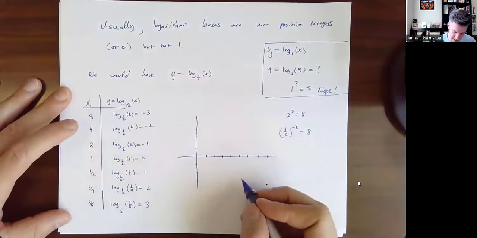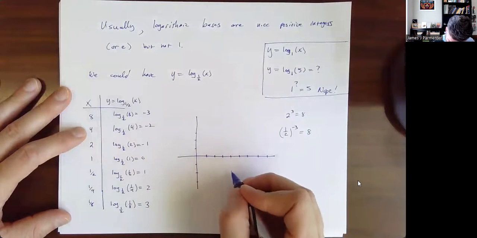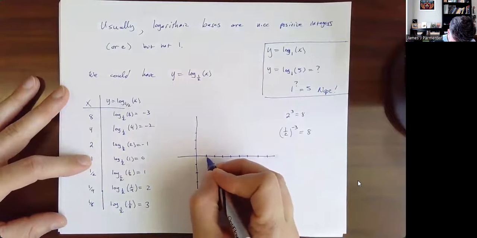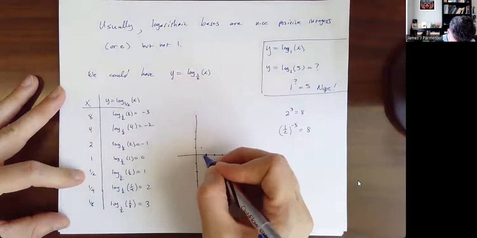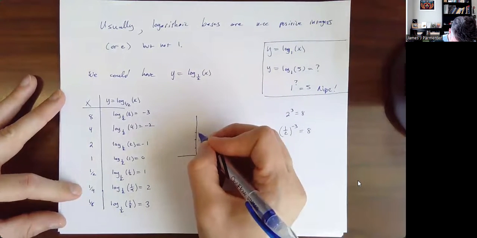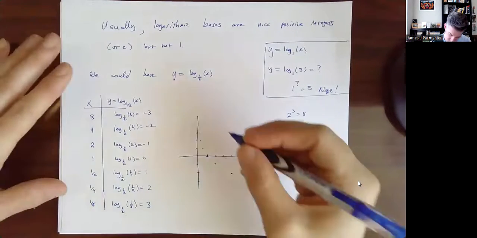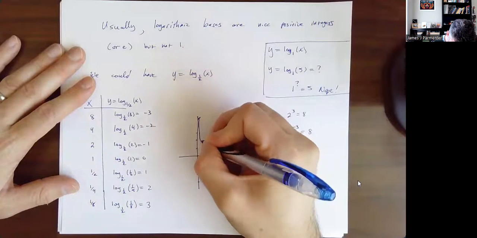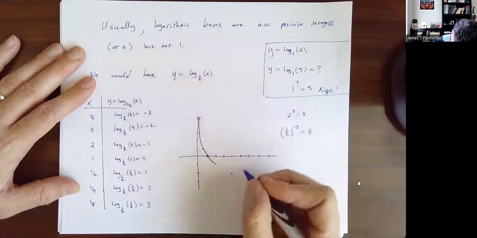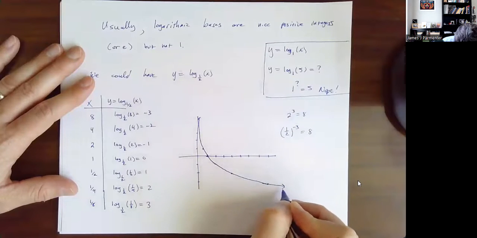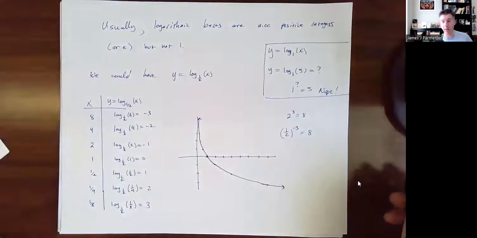If x is 4 and y is -2, so 4, -2. 2, -1. 1, 0. 1/2, 1. 1/4, 2. 1/8, 3. So it looks like I've taken my logarithm graph and flipped it over vertically. So that's what's going to happen if you happen to have a base that is weird like that.